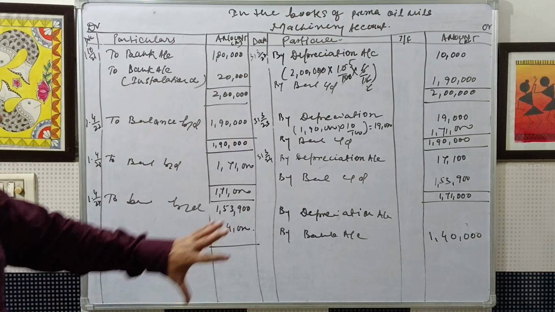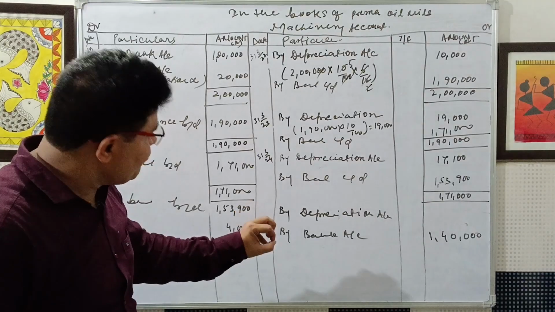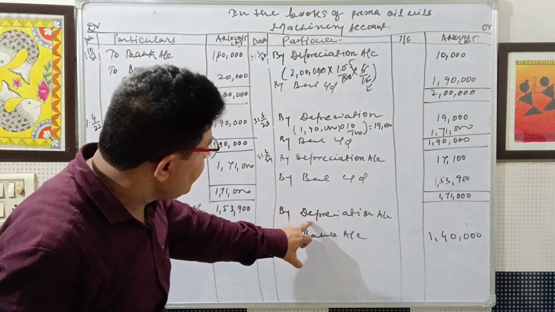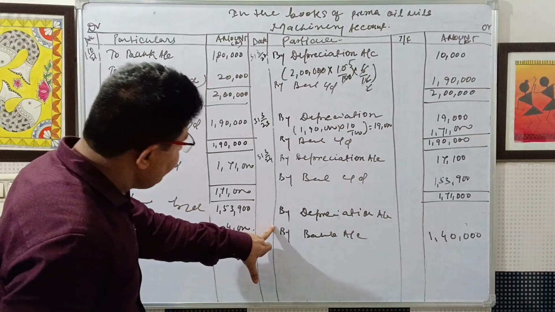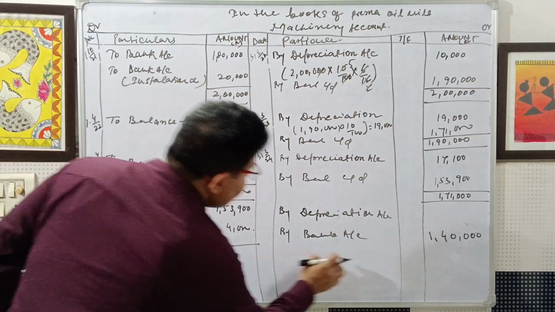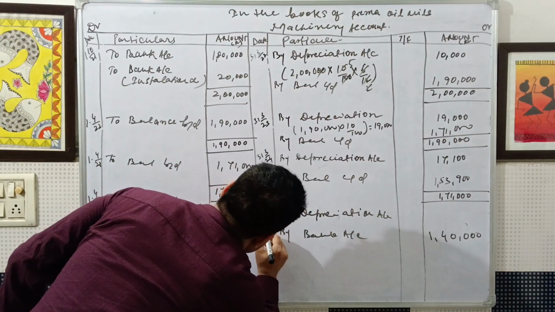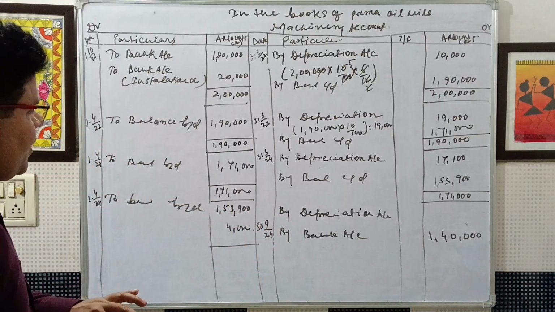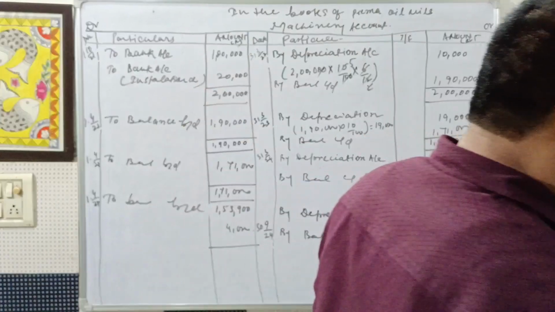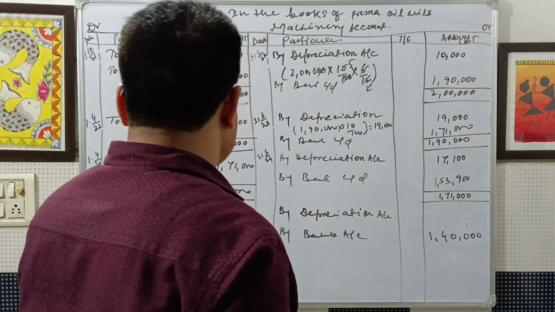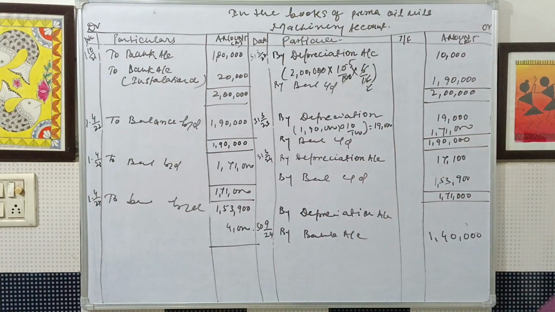So my dear friend, this point is a very important point to concentrate on, because depreciation is charged in this year only for 6 months. Why? Because the machine was sold on 30th September 24. So April to 30th September, it means 6 months. So depreciation is charged on 1,53,900 for 6 months only.